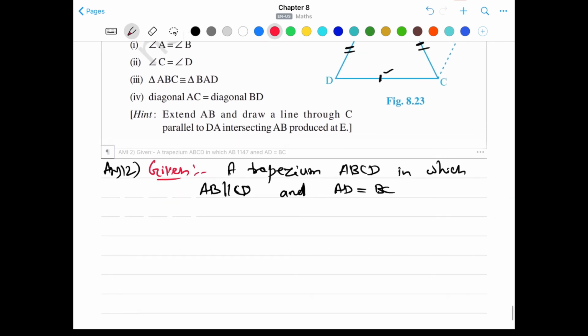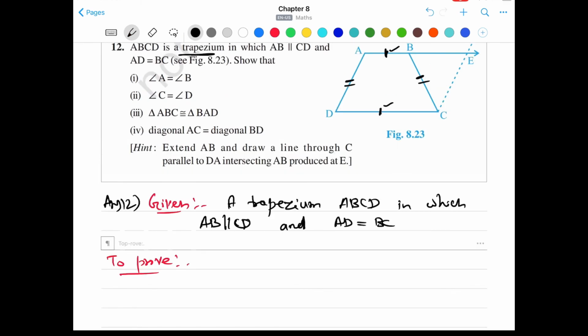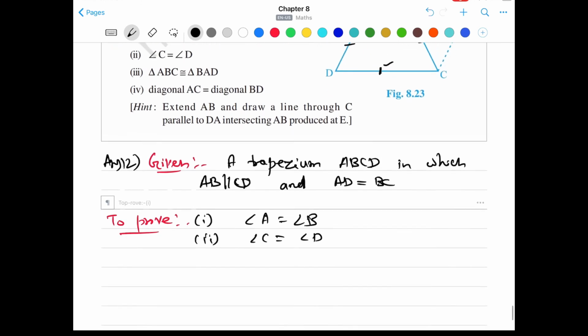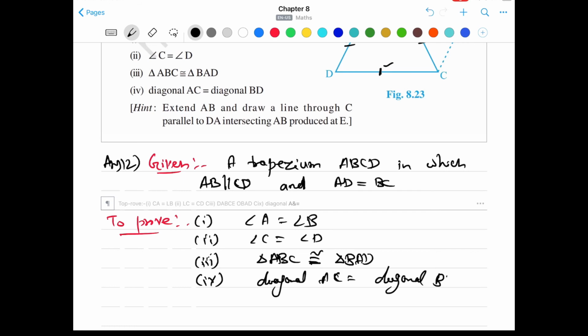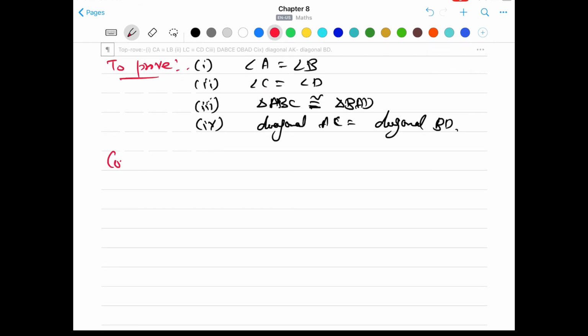We have four things to prove here. First, angle A is equal to angle B. Secondly, angle C is equal to angle D. Third, triangle ABC is congruent to triangle BAD. And the last one, diagonal AC is equal to diagonal BD.